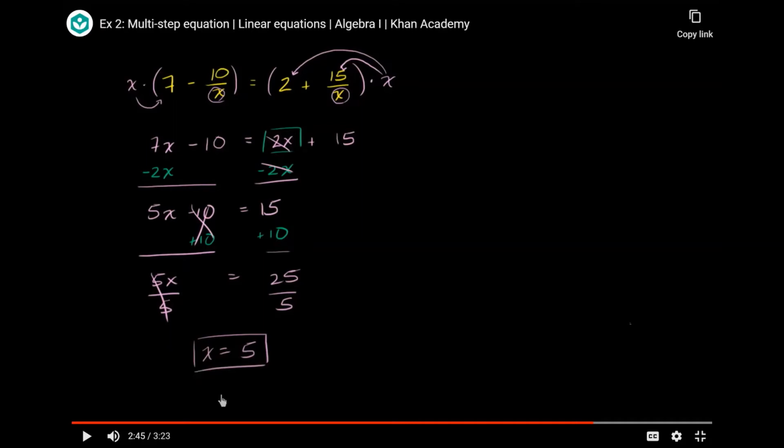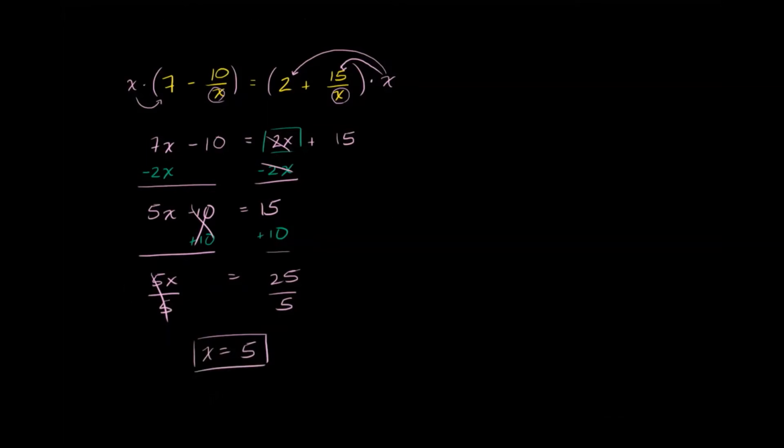So, here we go. This actually worked. Let's go back to the original equation. We have 7 minus 10 over 5. This needs to be equal to, I'm just taking our 5 and substituting it back here, 2 plus 15 over 5.